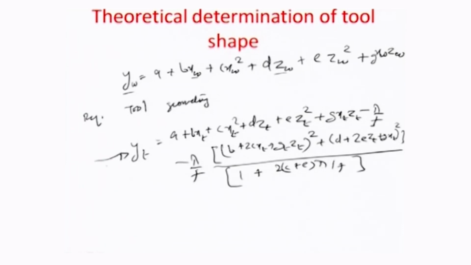So that is how the 3-dimensional relationship would exist between the y, x and z on the tool side if a given relationship, so called yw in terms of some function f of xw zw, exists.